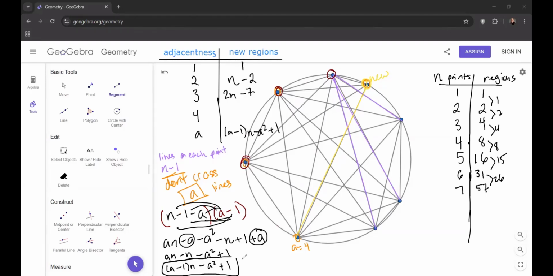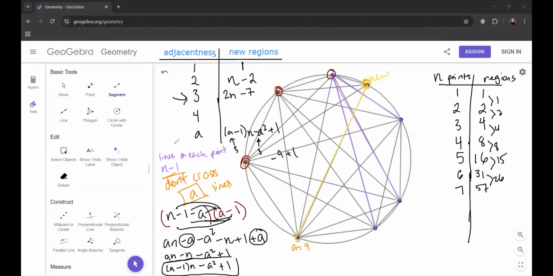So we're going to see if that works. So let's try that for our adjacentness of 3. If I plug in 3 for a, then I end up 3 minus 1 is 2 times n, and then that would be negative 9 plus 1 is negative 8.